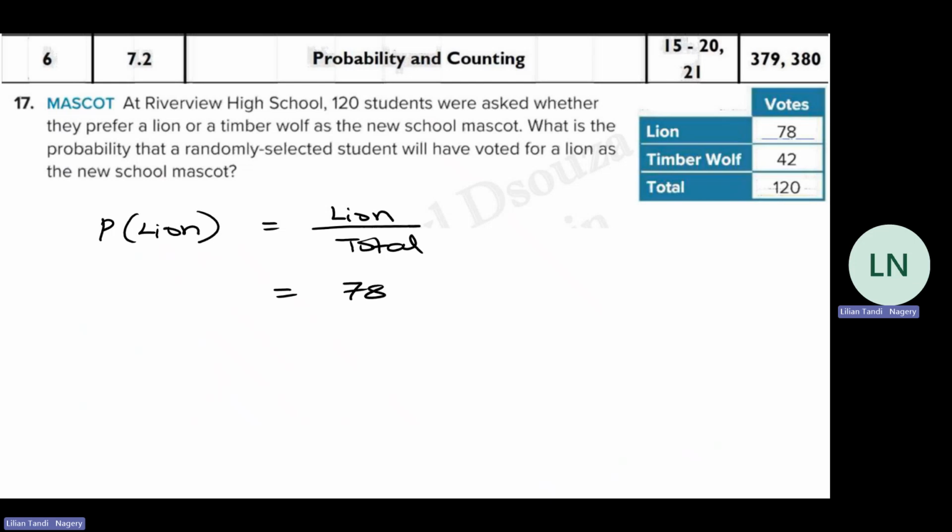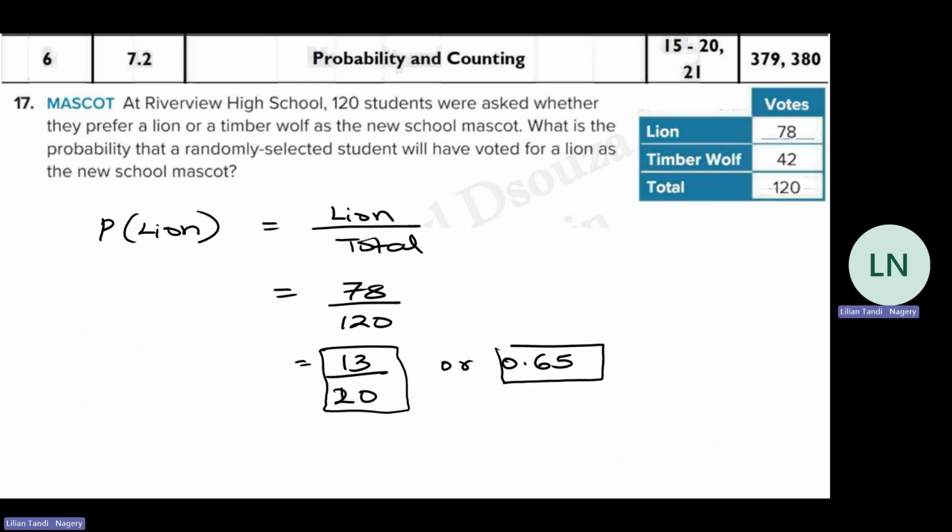Lion is 78, total is 120. When you simplify this, you should get 13 out of 20. And you box your answer. Then change it to decimal, you should get 65 hundredths. Change it to percent, you should get 65%.